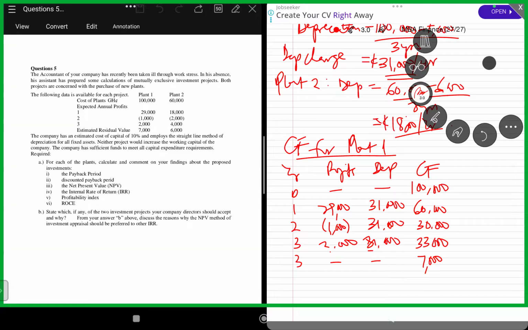So did you use it in 2026? No. In which year did you sell the vehicle? 2025. In that same 2025, did you also make profit on the vehicle before you sold it? Yeah, you made a profit.